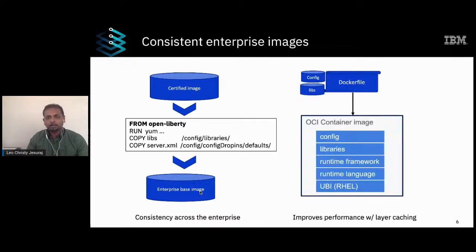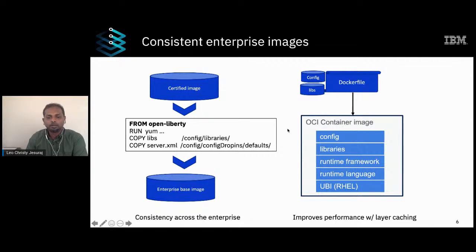But then it also has a lot of performance advantage because, as you know, Docker has this layering, caching layer mechanism. So if all the application images are using this common base image, let's say you are running hundreds of applications in an environment, then only the first application would actually push the entire stack of layers, and after that it would be just the application itself and the configuration for that particular app.